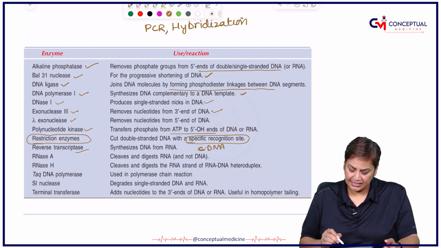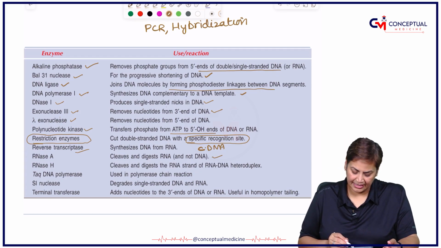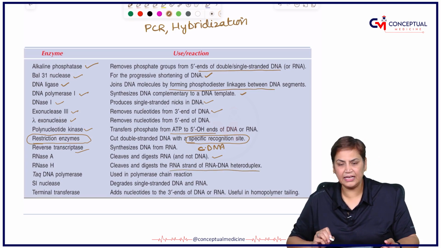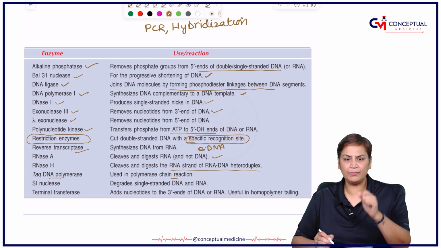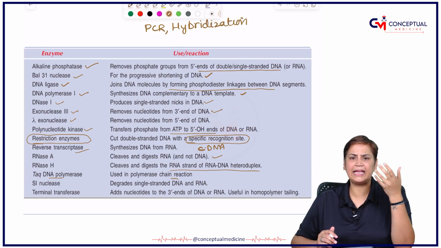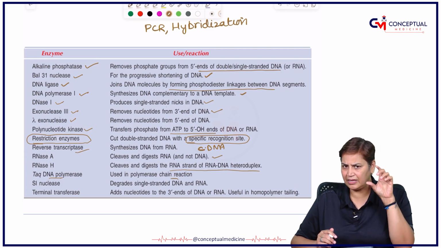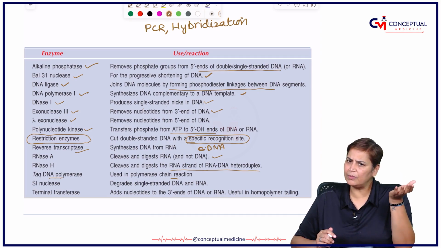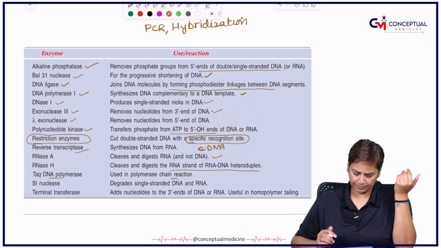Then RNase cleaves and digests RNA and not DNA. RNase H cleaves and digests the RNA strand of an RNA-DNA hybrid. Taq DNA polymerase is used in PCR, the polymerase chain reaction, an important technique to amplify amplicons, for example to check disputed parentage or aneuploidy.